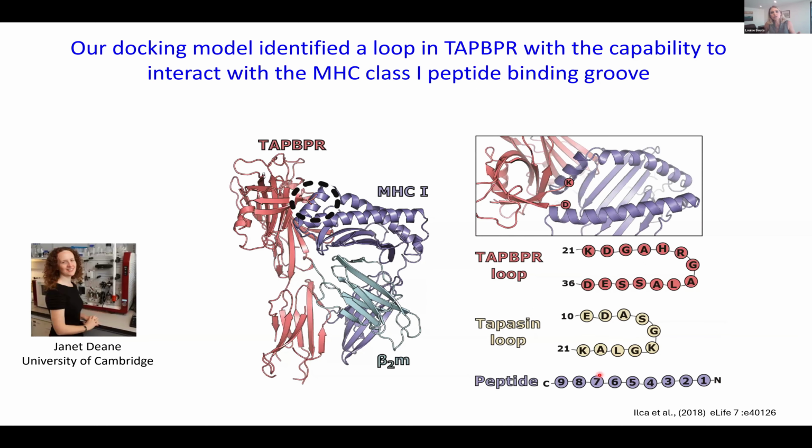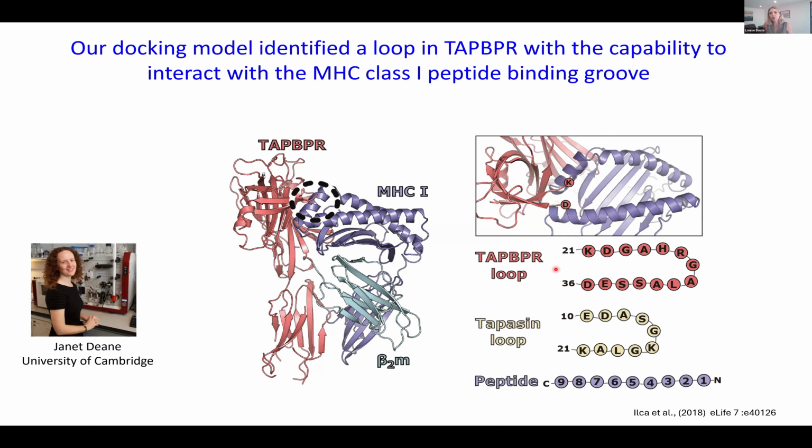So back in 2002, before we had AlphaFold, we worked with Janet Dean, who's a structural biologist at Cambridge, to produce a docking model of TAPBPR on MHC class 1. And when Janet did this, she identified a loop of TAPBPR, which she thought had the potential to interact with the MHC class 1 peptide binding groove.